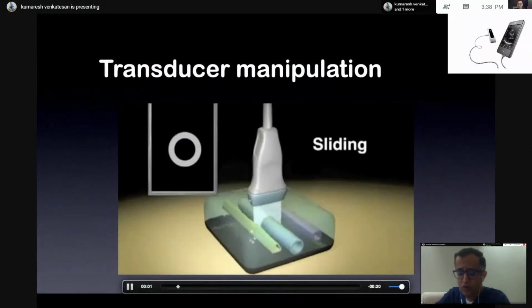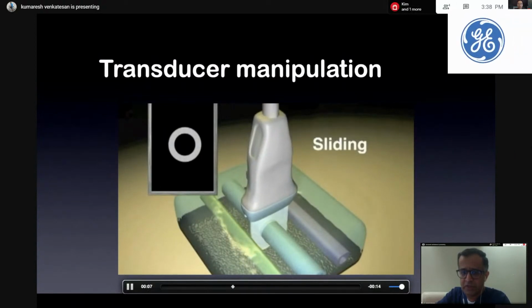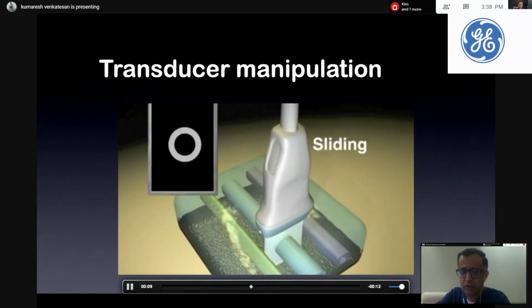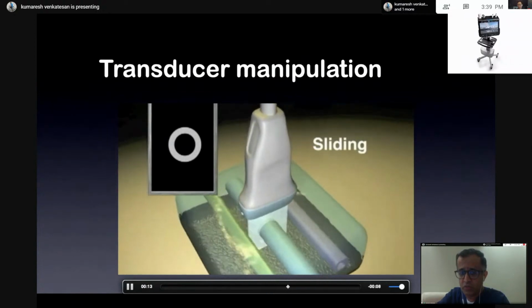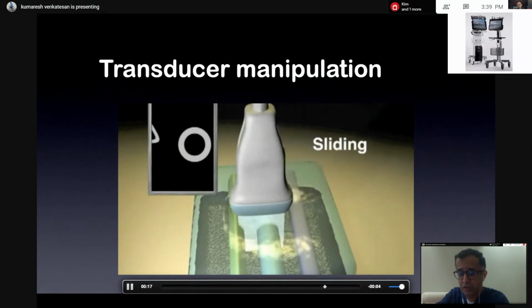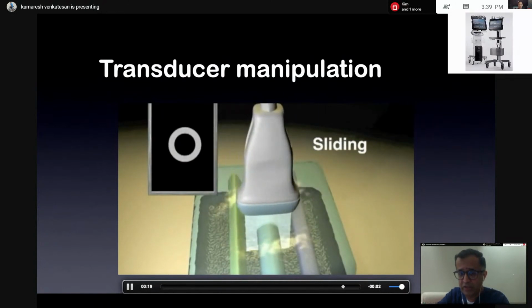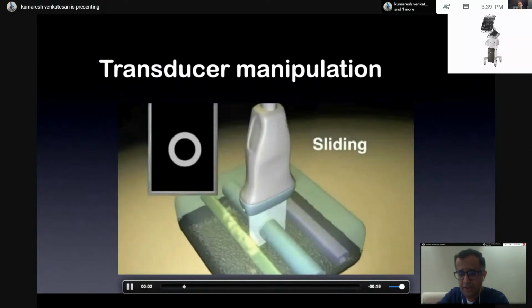Okay, now moving on, let's talk about the various terms used for manipulating the transducer. We have sliding, where you move the probe along the axis of the vessel to decide which is the point for cannulation, and you can also slide to identify the anatomical relationship of the vein with the adjacent vessels and structures.